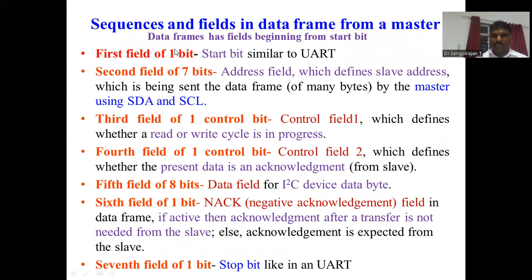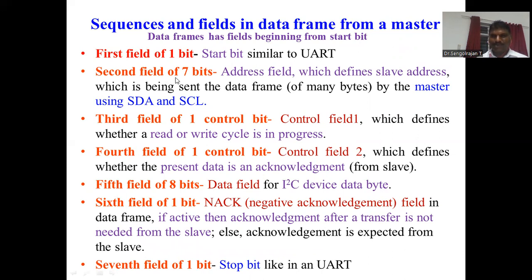Then we can see the sequences and fields in the data frames from a master. Below the above diagram, we see the field diagram, that is the data format. In that, the first field of one bit is meant for the start bit, which is similar to UART. UART is a universal asynchronous receiver transmitter.